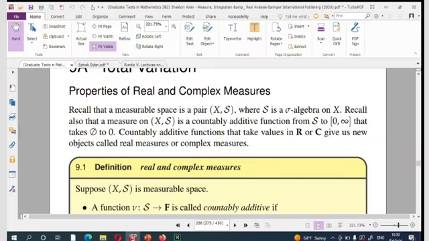Okay, countably additive functions that take value in R or C, real number or complex number, give us a new object, call it real measures or complex measures. Okay, real measure or complex measure.